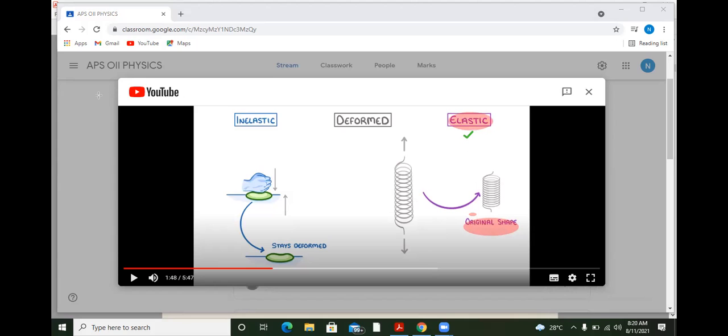What about the inelastic deformation or plastic deformation? When we apply a force, it gets permanently destroyed, right? So that is inelastic deformation. So further we have two types, elastic and inelastic deformation. It is clear.